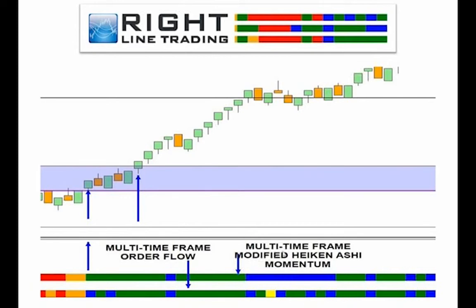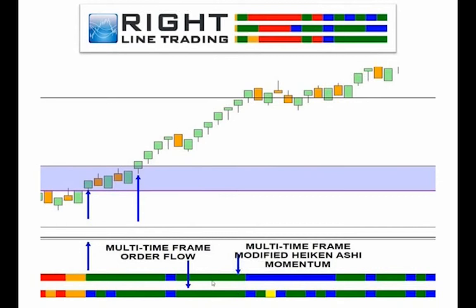We use multi-time frame modified Heikin-Ashi momentum to turn that single order flow line into two lines. This modified Heikin-Ashi momentum is doing the same thing that order flow is doing. It is looking at the two higher time frames and assessing momentum on them.